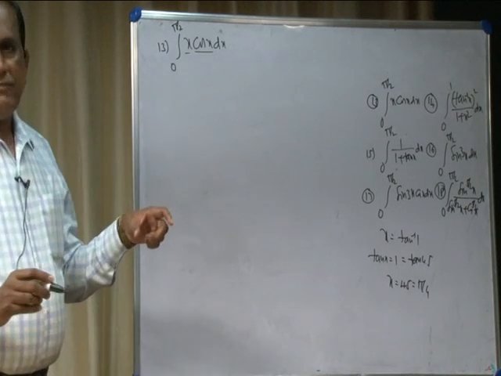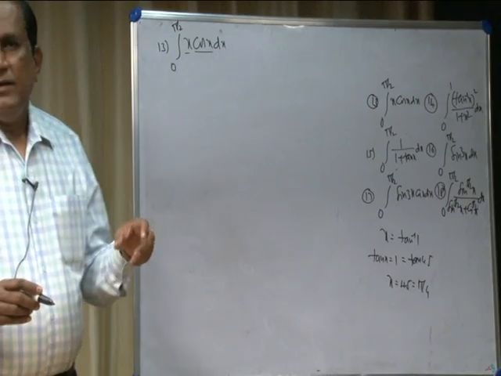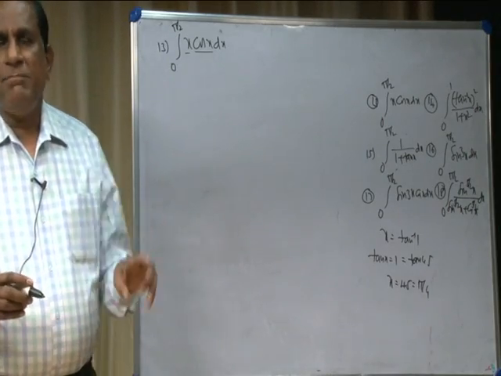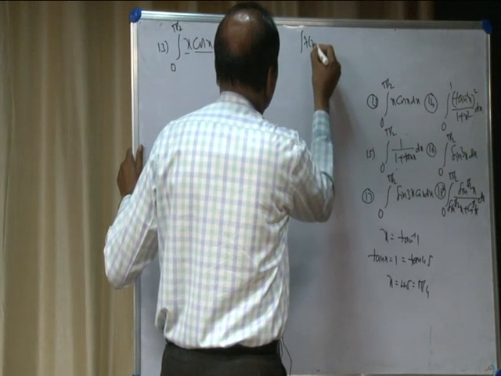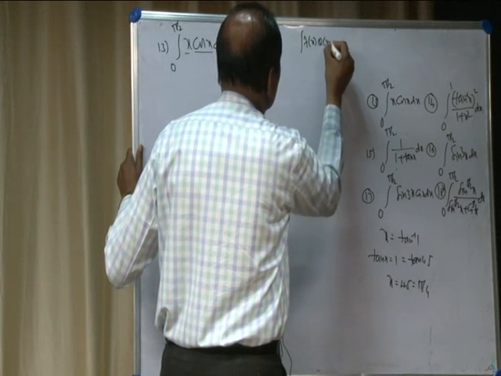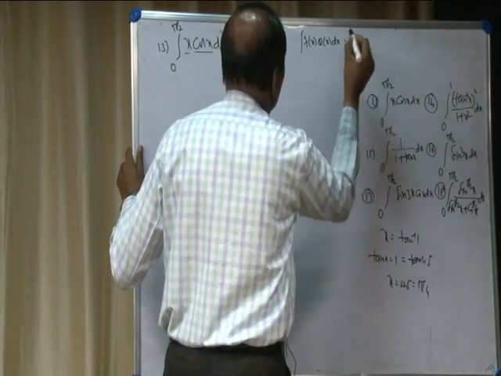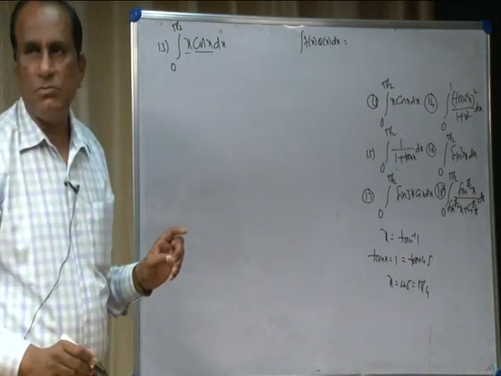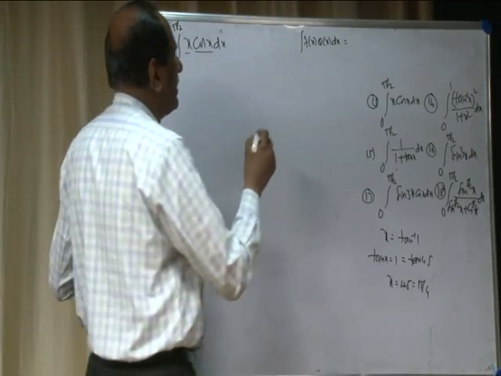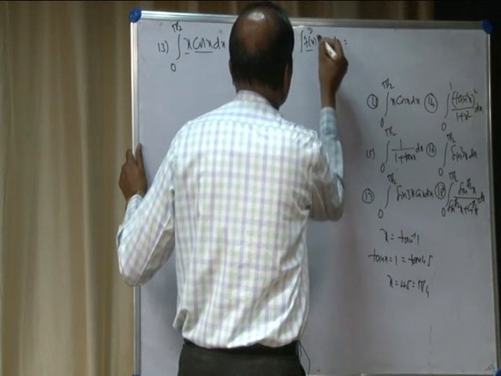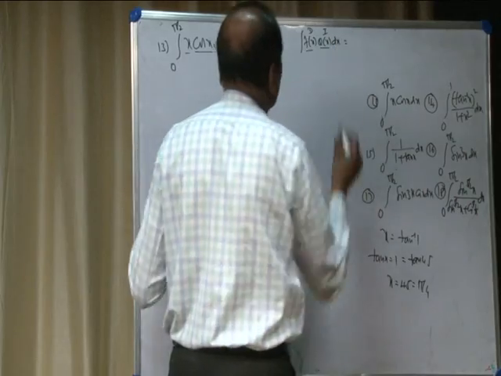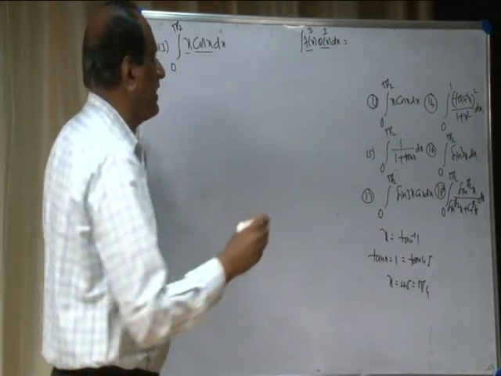So, what is the formula to integrate the given integral by the parts method? Observe the formula: integration of f of x q of x dx is equal to the product of two functions, f x is one function, q of x is another function. The function selected for differentiation is f x, the function selected for integration is q of x.